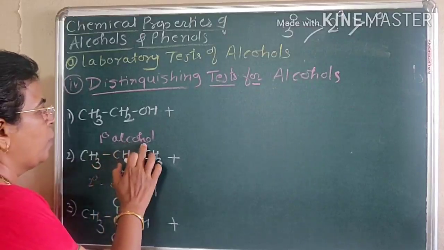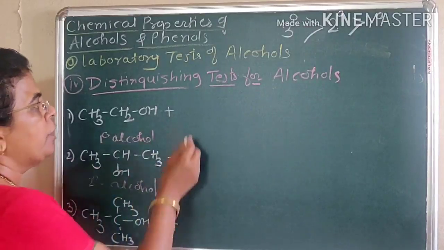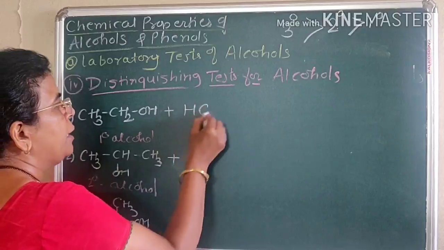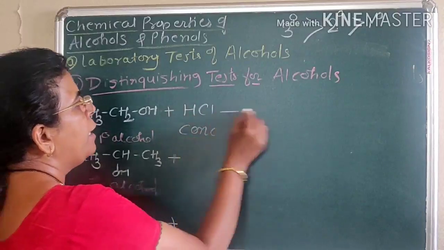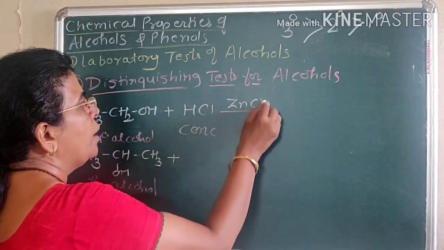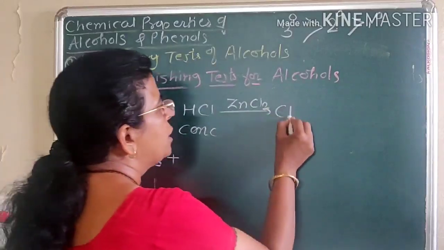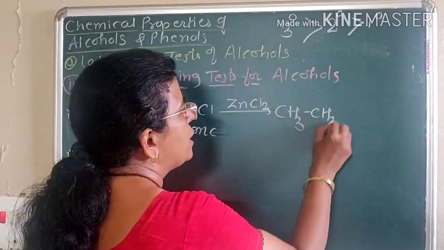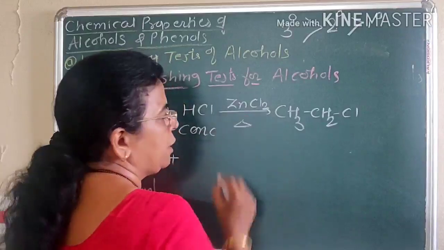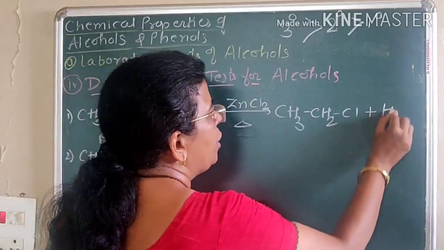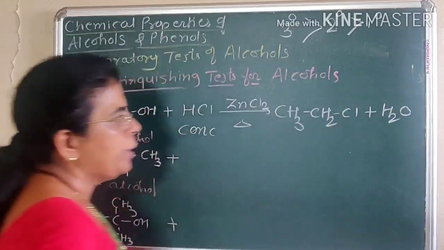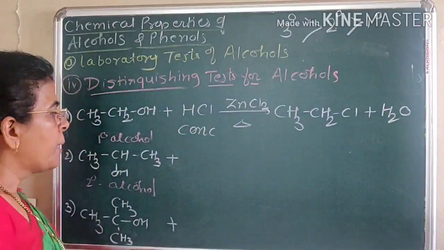This primary alcohol, that is ethanol, when it reacts with Lucas reagent, that is concentrated HCl and ZnCl2, and heat is given, it is converted into primary ethyl chloride, CH3CH2Cl.